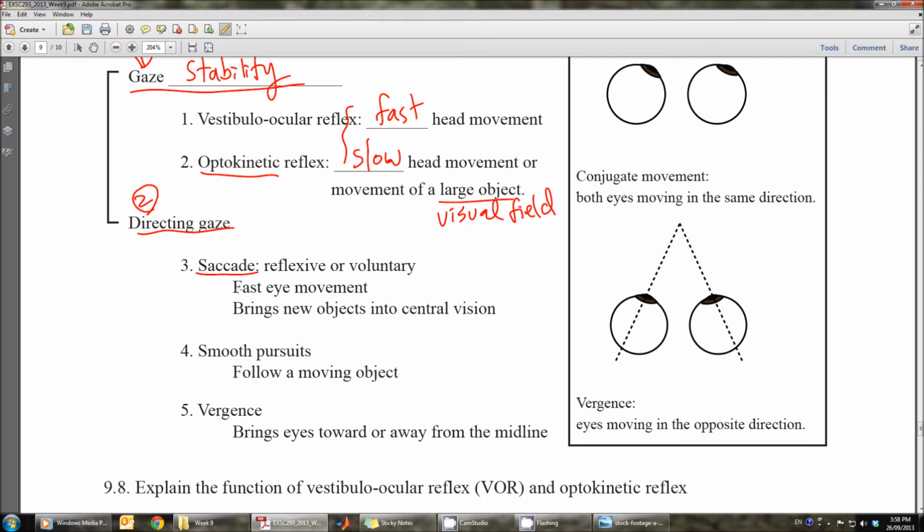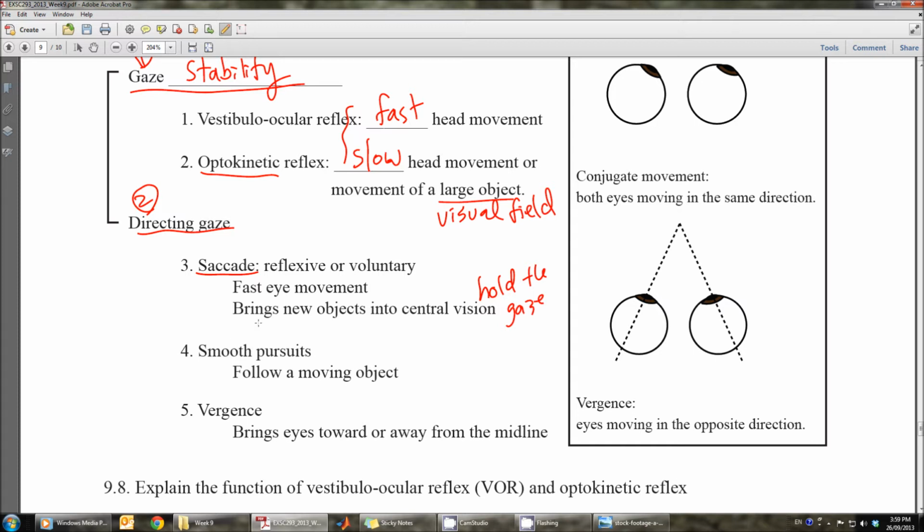Saccades can be reflexive or voluntary, but saccades means fast eye movement, bringing a new object into central vision and holding the gaze in that spot.